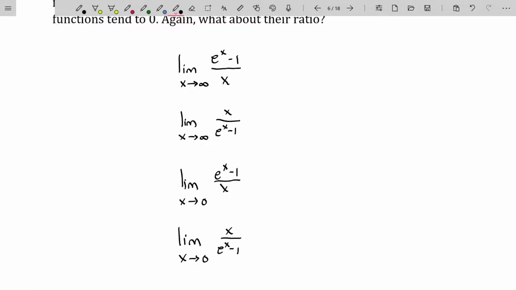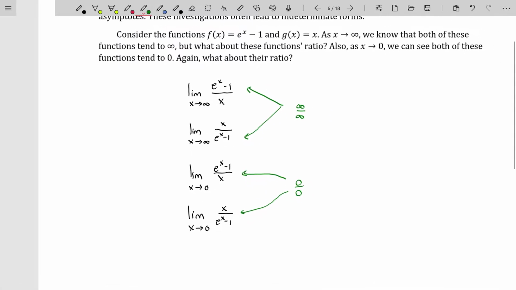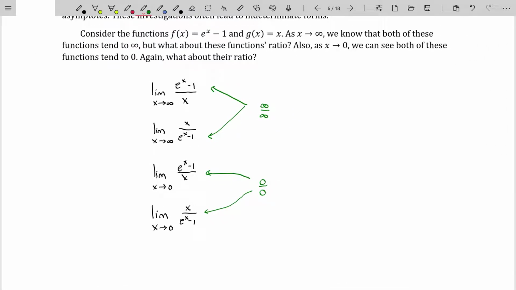So we have two very popular indeterminate forms that we're looking at here: the infinity over infinity form and the 0 over 0 form. These are actually the two most popular and most important indeterminate forms. So again, how do we determine those ratios?